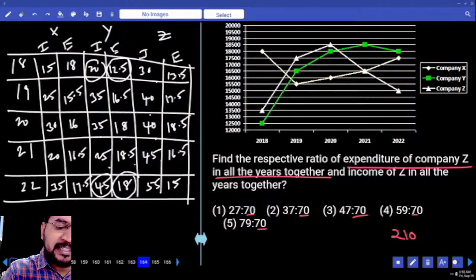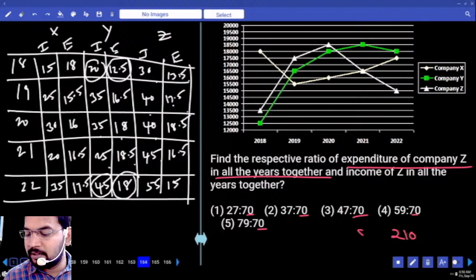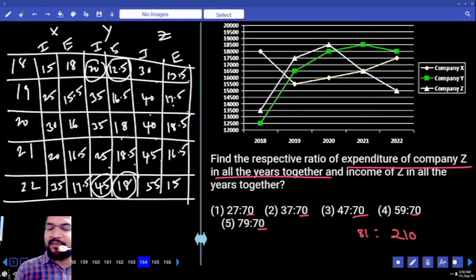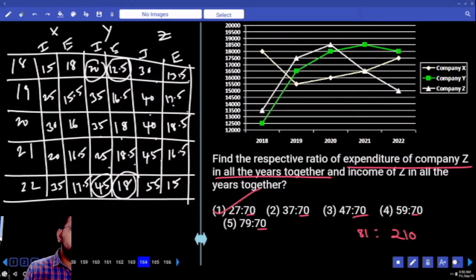Now expenditure: 13.5, 17.5, 30. 30 plus 18.5, 48.5. 48.5 plus 16.5, 65. 65 plus 15, 80. Thus 80 is to 210.